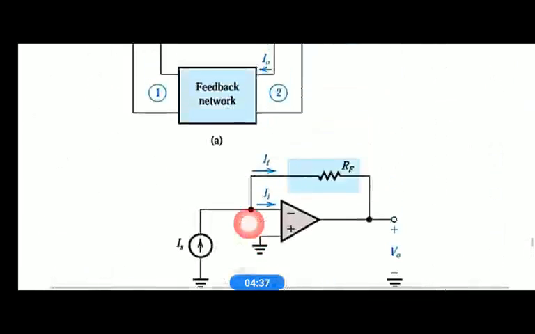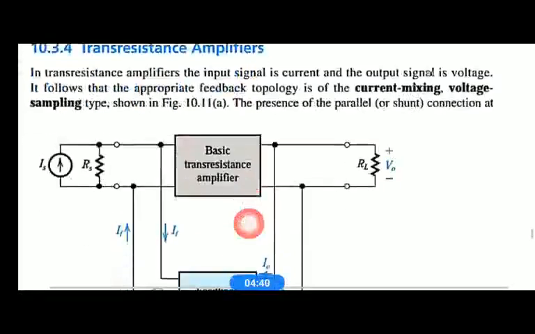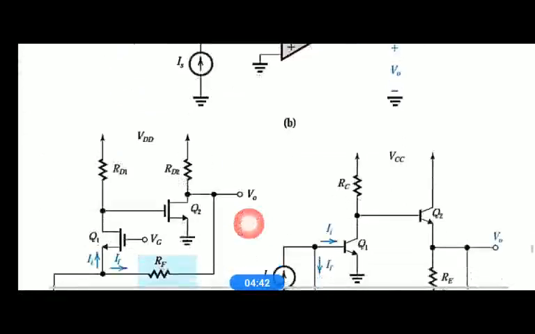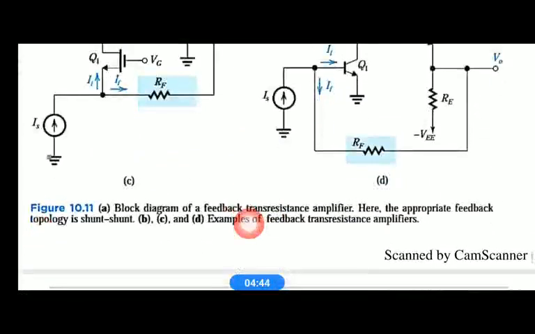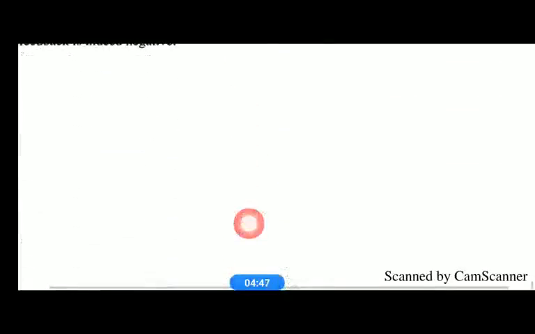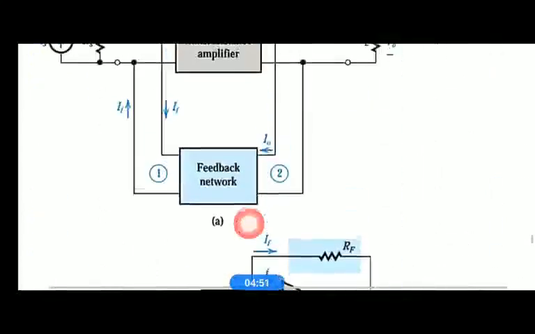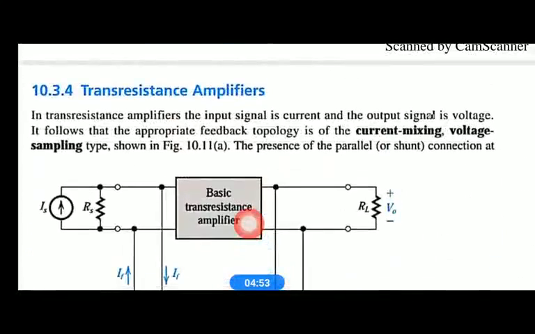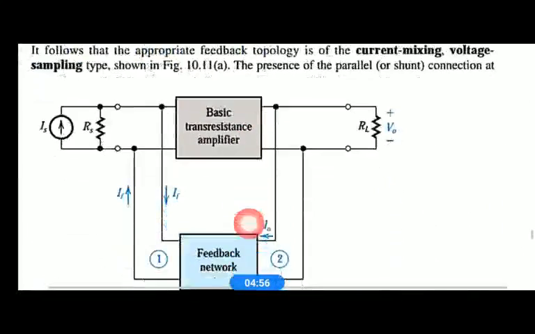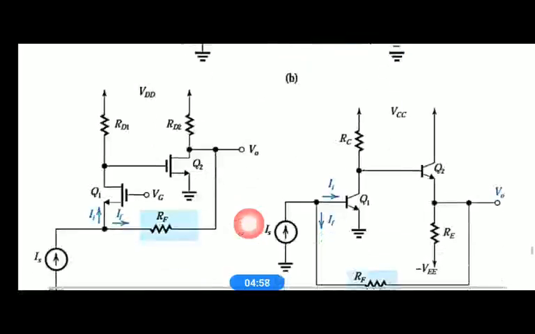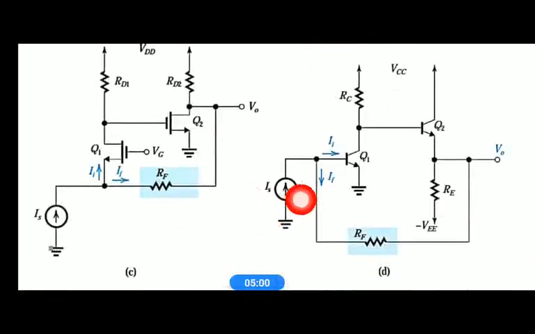So therefore we can clearly see the diagrams for the transresistance amplifier. Here you can see different examples of the transresistance amplifier. The input applied is current Is and the output we are taking is voltage V0.